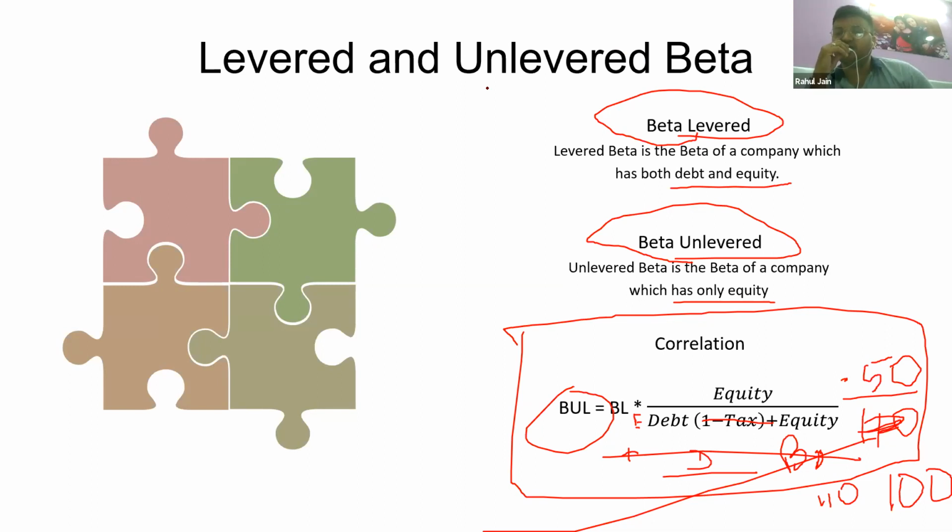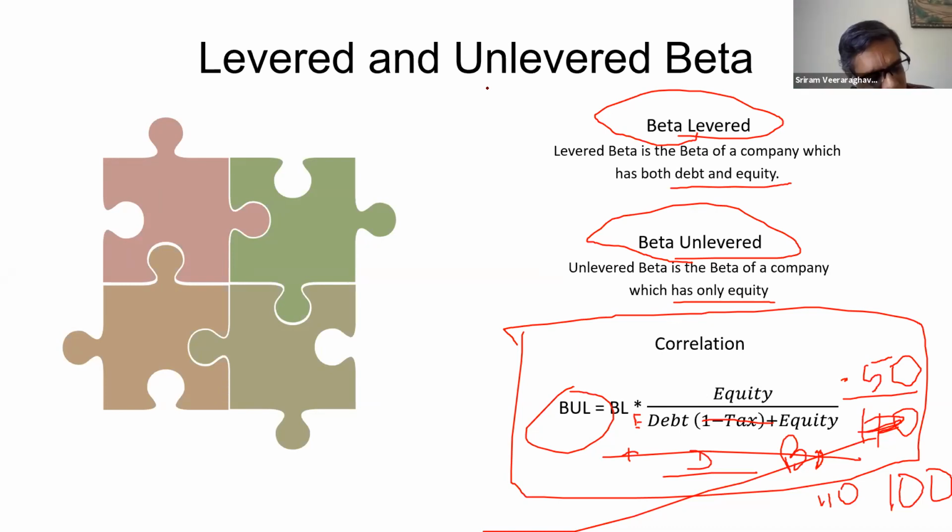What I'm saying is you take the unlevered beta of the industry and lever it with the debt ratio of this company. So you arrive at a beta which is representative of the leverage of this company and the beta characteristics of the industry as a whole.